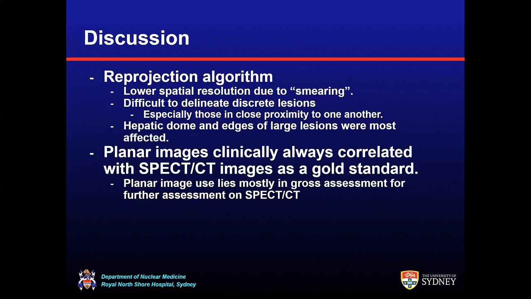The two nuclear medicine physicians did note that the hepatic dome and edges of large lesions were most affected. And as mentioned previously, the planar images clinically always correlated with the SPECT CT images as a gold standard. Planar image use is mostly for the gross assessment, which would be further accurately assessed on SPECT CT data.